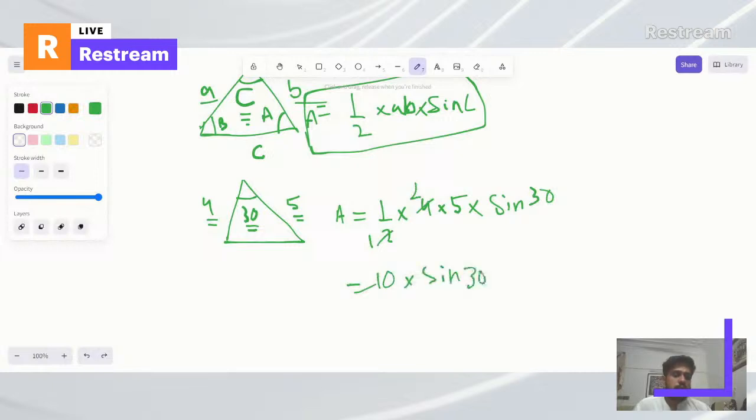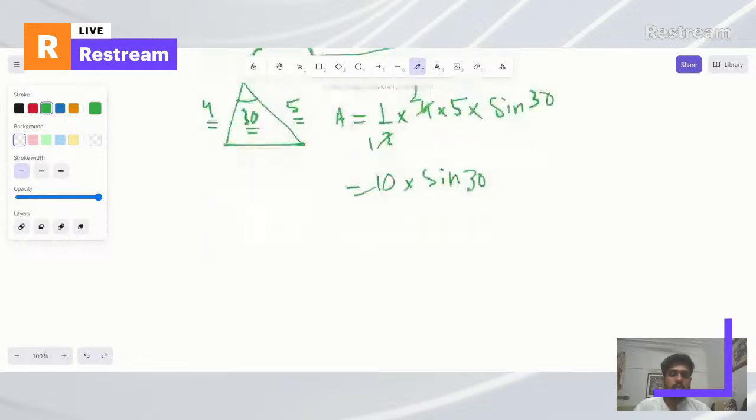Is there anyone who can give me the answer of sine 30? Remember that the angle is in degrees, so don't forget to turn your calculator into degrees. The value of sine 30 is 1 over 2, so 10 times 1 over 2 is going to be 5.